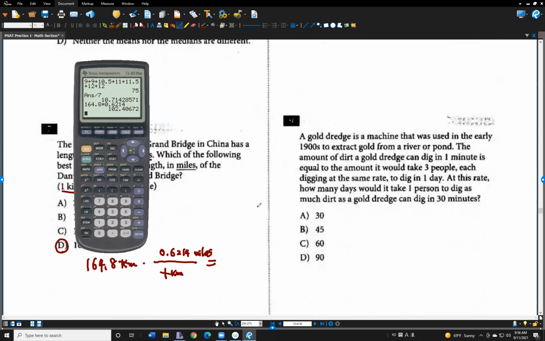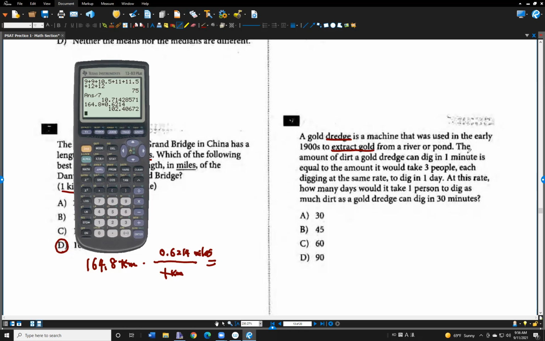Okay, number 9. A gold dredge is a machine that was used in the early 1900s to extract gold. We use this machine to dredge a river or pond.